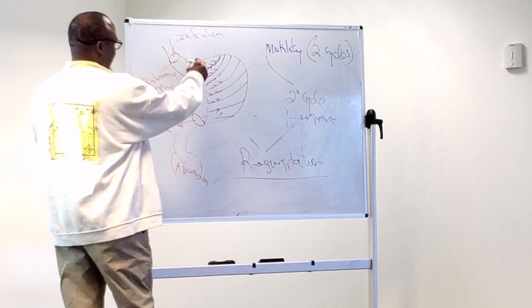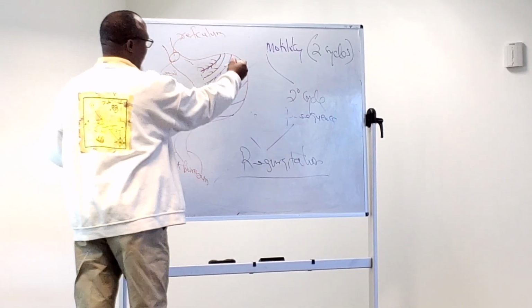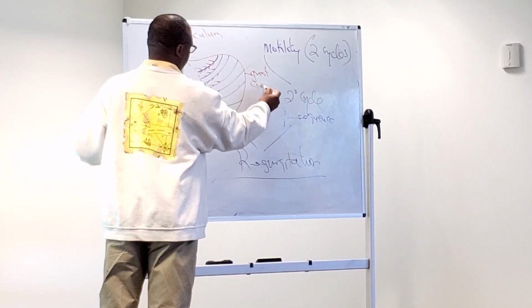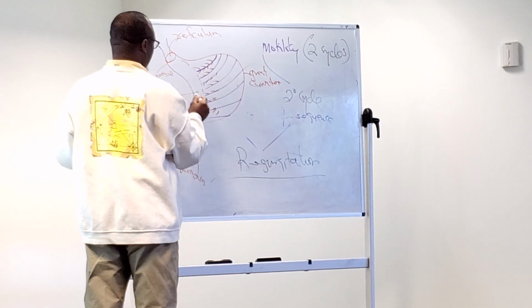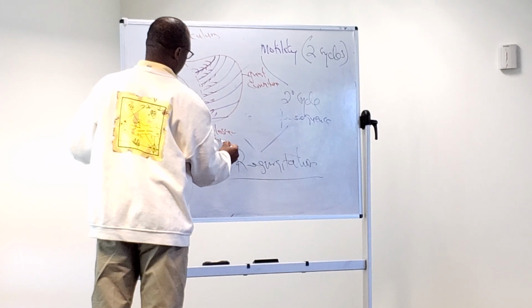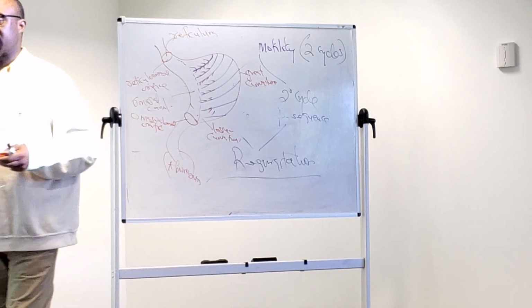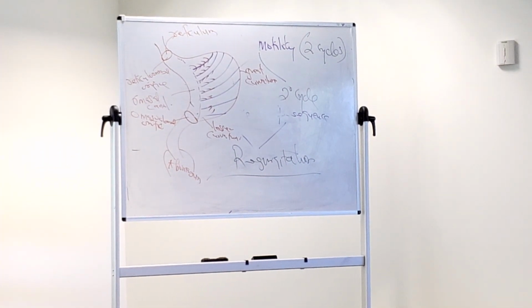You can see that there is a great curvature and a lesser curvature. This point is the point of great curvature, and this point is the point of lesser curvature. The omasal canal is formed between the lesser curvature and the omasal leaves.